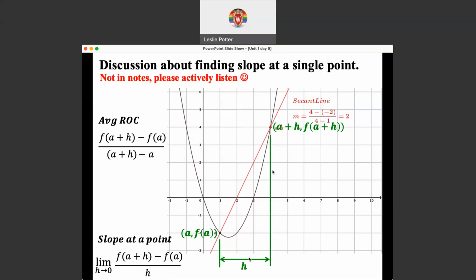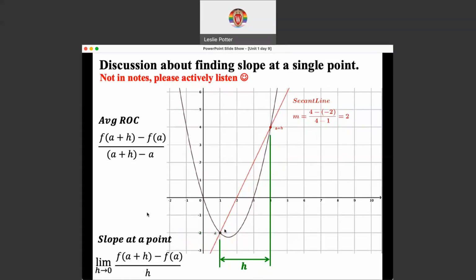In other words, we're going to close this gap between the 2 points. As h approaches 0, as the point starts here and we start to slide back along the function, this h is going to close up and go to 0. So we're going to use what we know about limits to find the slope just right here at 1.